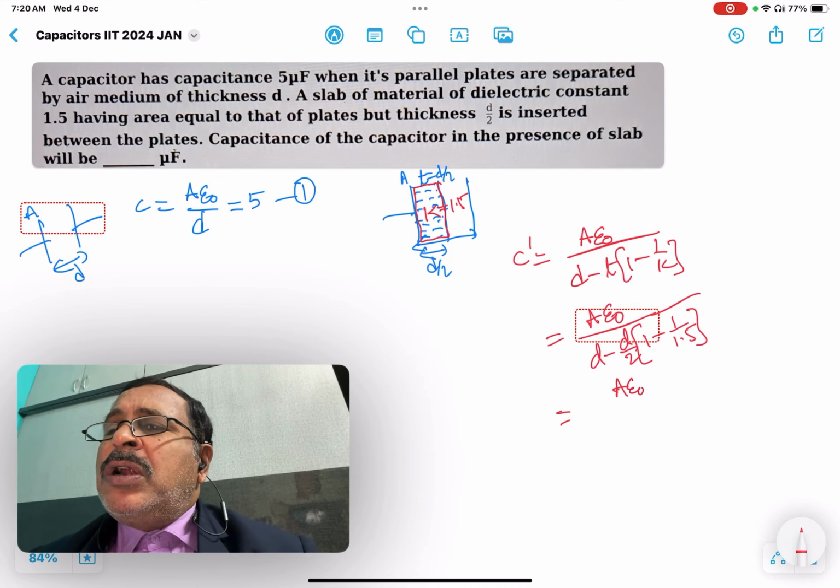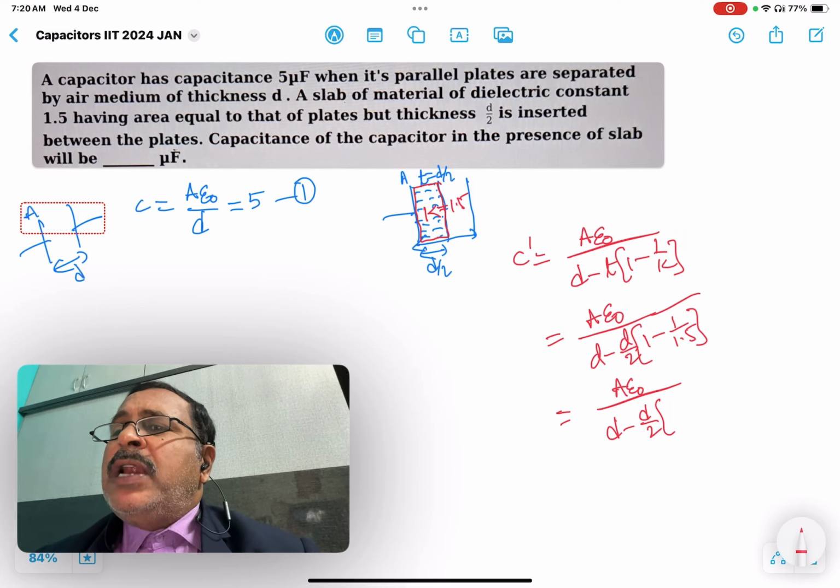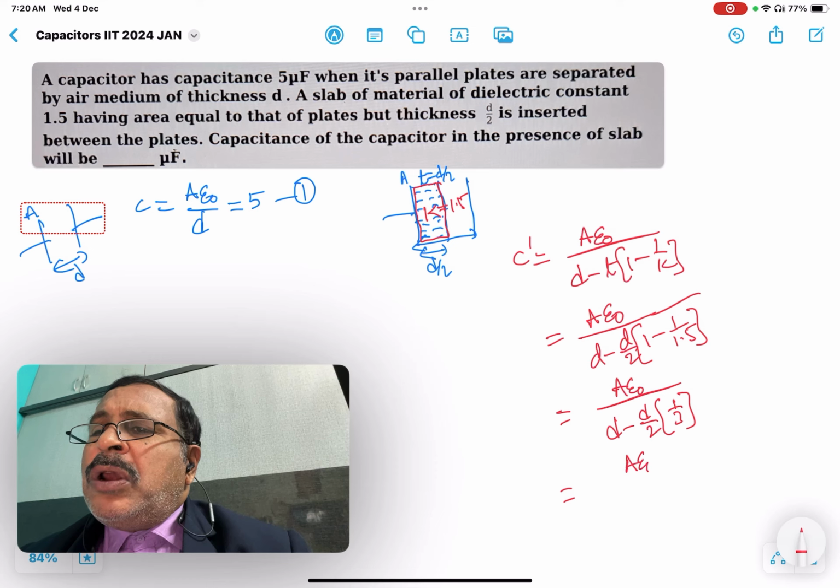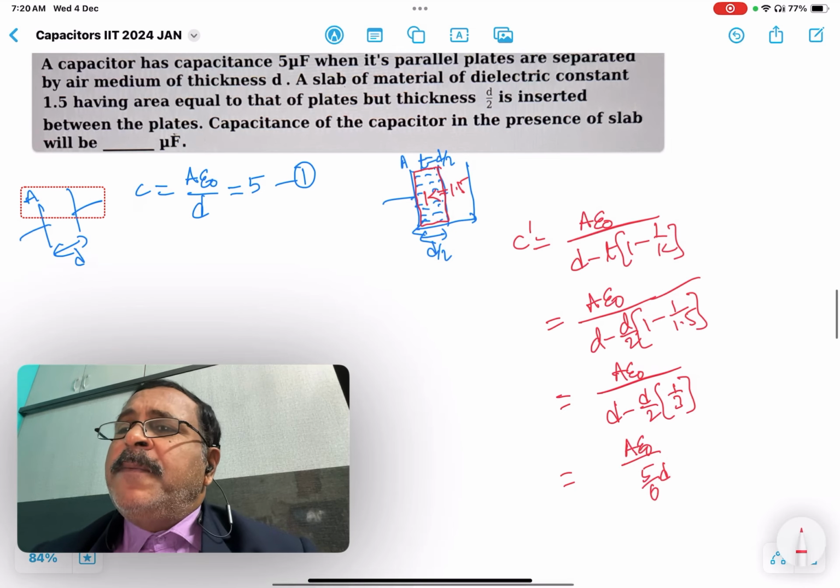A epsilon naught, let us derive now. So D minus D by 2, this value 3 by 2, 2 by 3, 1 by 3. This bracket value. Okay. So d minus d by 6, that is A epsilon naught divided by 5 by 6 d we are getting. Okay, na?